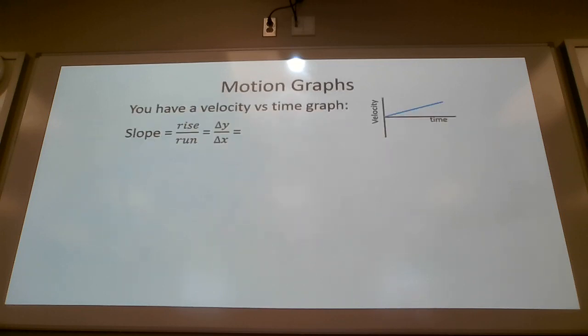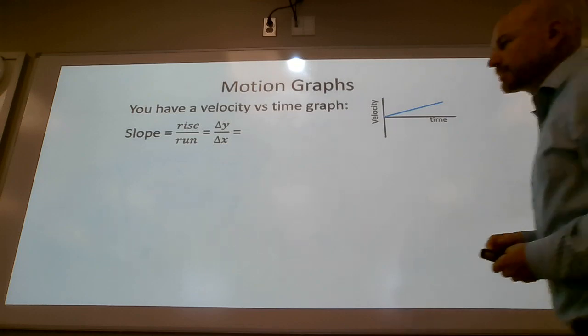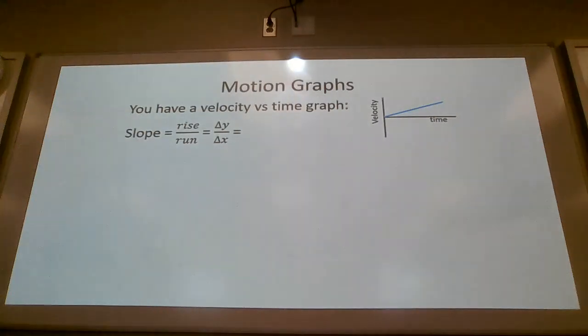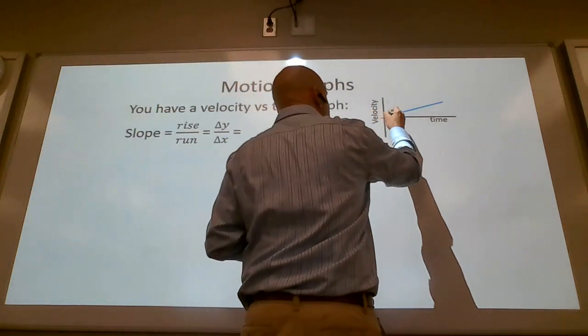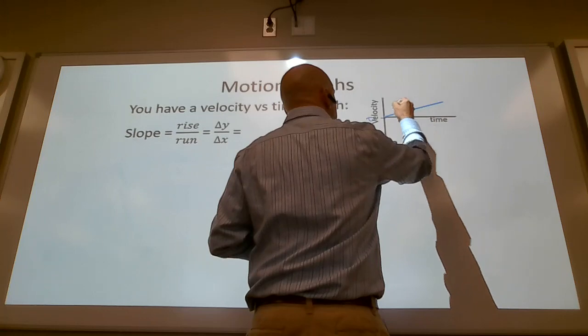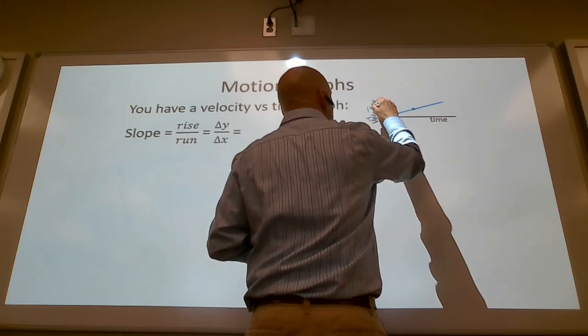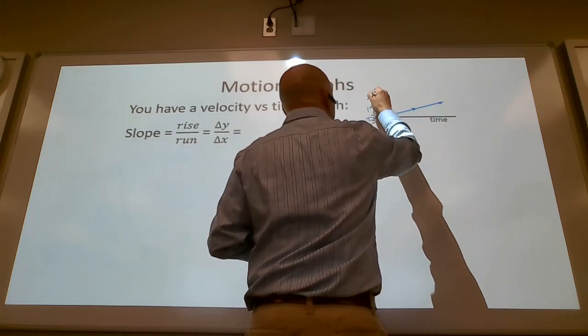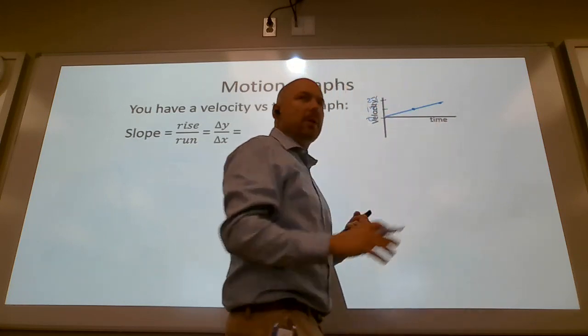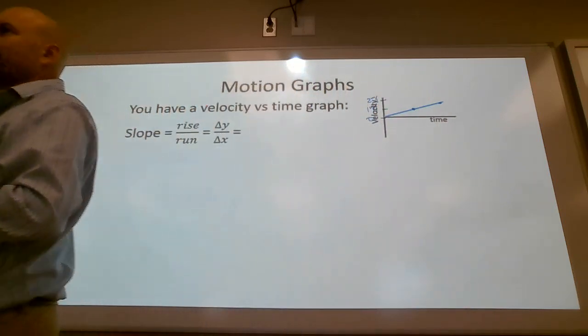We have talked about position versus time graphs and how the slope of a position versus time graph gives us velocity. We've talked about velocity versus time graphs, and I coached you to make up values and then tell a story about what's going on.